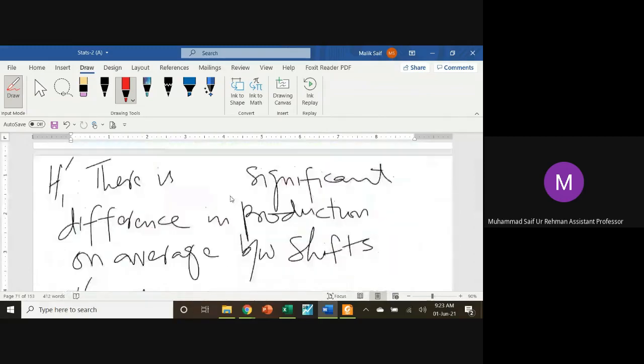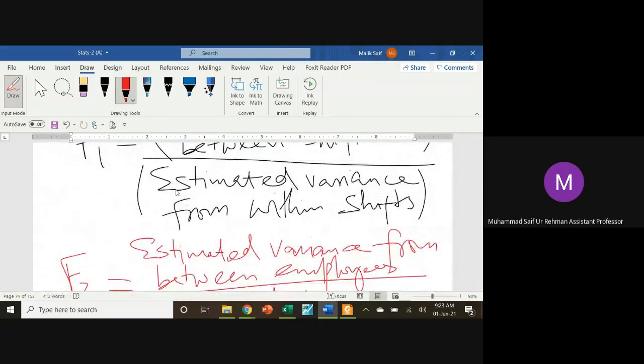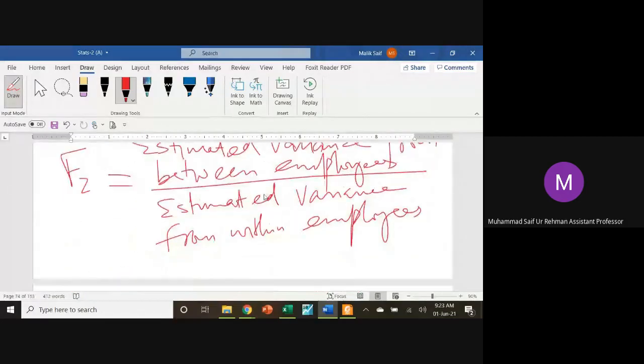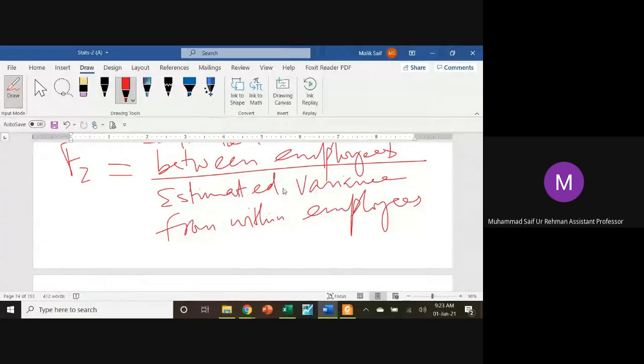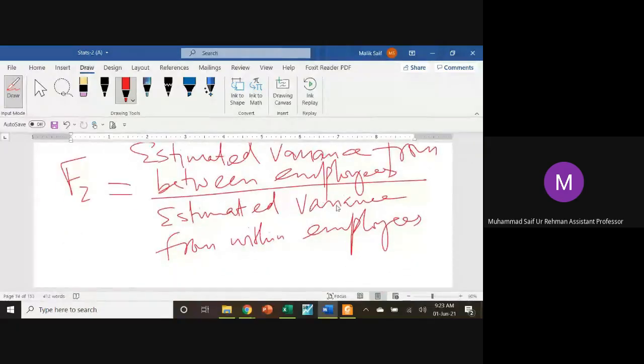So it means that the estimated variance from within shifts, whatever value you obtain for this, the same value you will obtain for this from within employees, because in these two cases you will consider all those values that are there in the table.